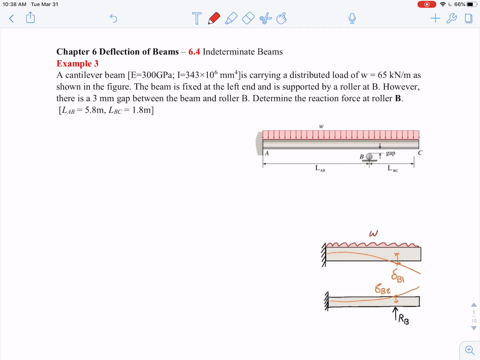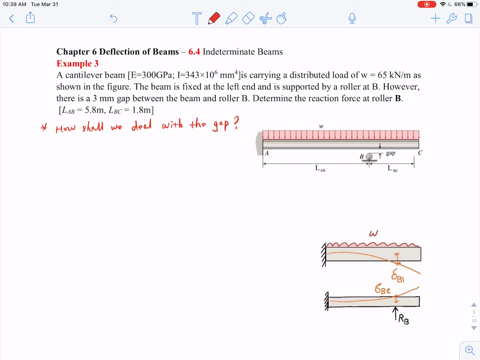Okay, so first of all, to solve this problem, how should we deal with the gap? This is our first question, right? So how shall we deal with the gap?